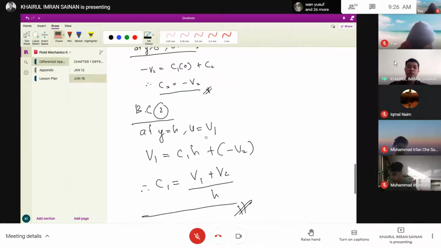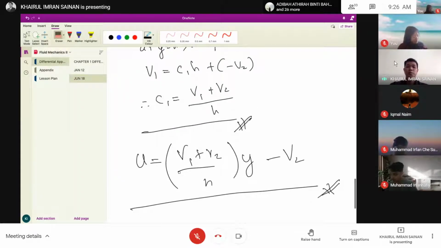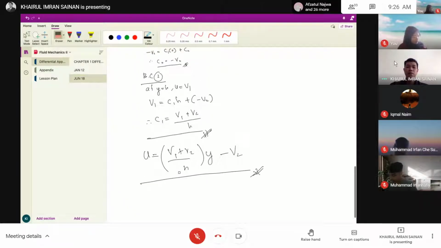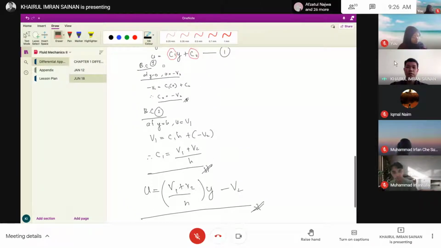Now we know our c2 and c1. Last step, we put c1 and c2 back into equation number 1. So u equals v1 plus v2 divided by h, times y, minus v2. That's the final answer for this problem.